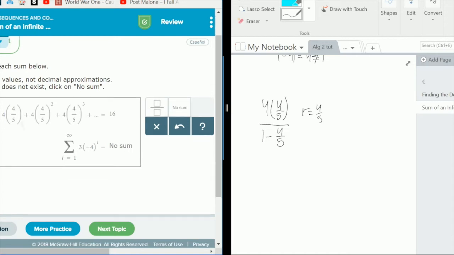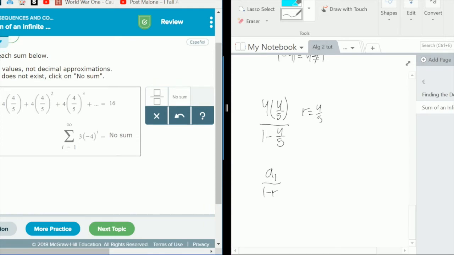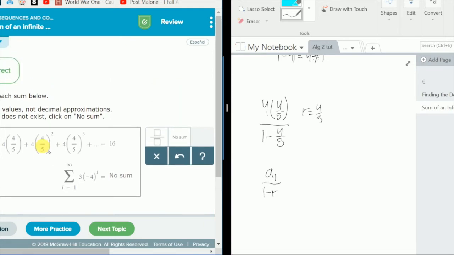Yes. Okay, so let's recap real quick. To do these sums of infinite geometric sequences, you have to use the formula a1 over 1 minus r, and r is always the number in the parentheses, not the number outside the parentheses.